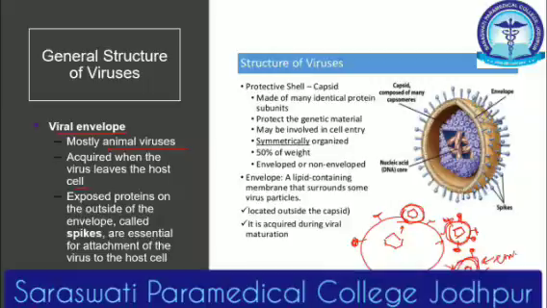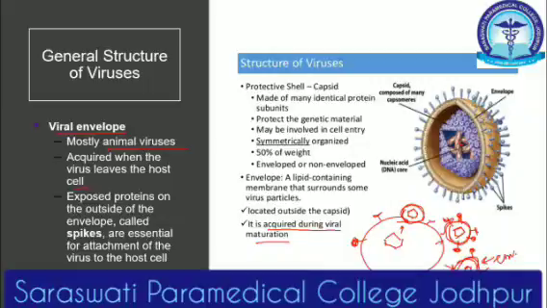This is another thing. The envelope, as I said, is located outside of the capsid, and it is formed during the viral maturation. Think about this picture: you can see the genetic material inside, the capsid protecting the genetic material, composed of many protein subunits known as capsomeres, and the envelope outside may or may not contain spikes, but it is mostly made during maturation.